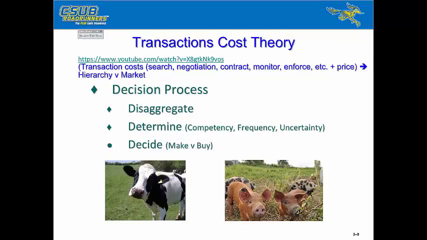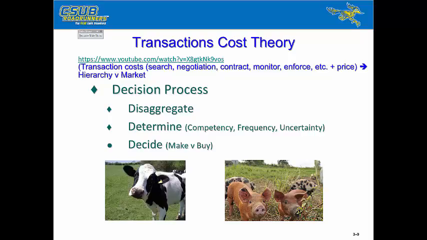So transaction cost theory basically talks about all of these different transactions: searching for a price, searching for a product or a service that you're looking for, negotiating a price, signing a contract, monitoring that contract, enforcing the contract. There's a lot of transactions that go on in a marketplace, and you can replace all those by an organizational structure if you do things inside the company. However, sometimes all of those different transactions and the price end up being more efficient, creating more value.